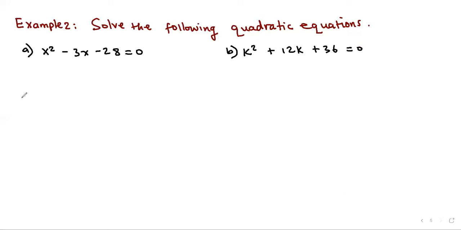And for part C, we will answer it together as practice. M squared minus 16m plus 64 equals 0. Okay, let's get the solutions very quickly.